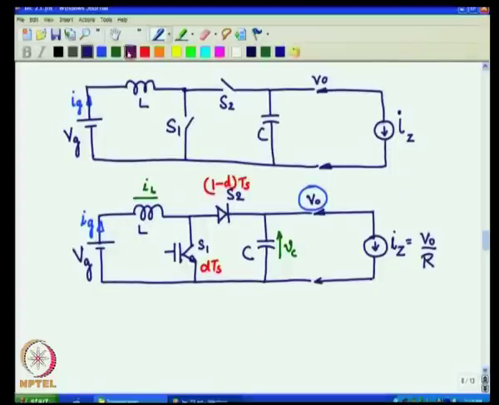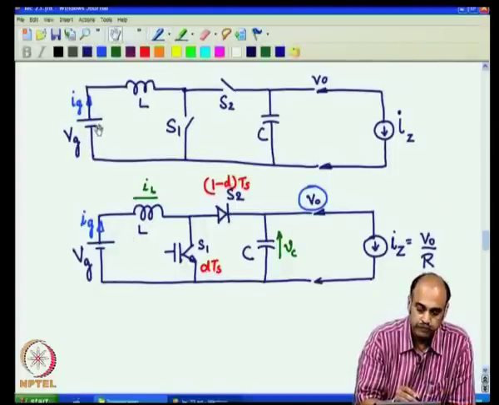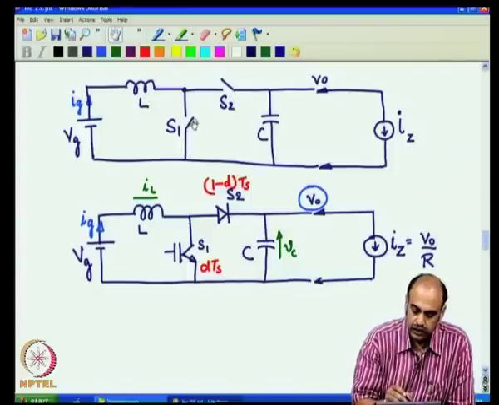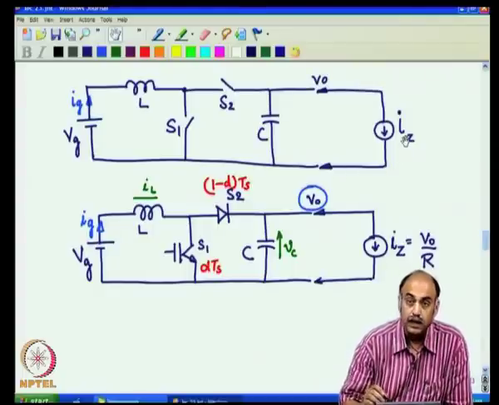we discussed on the boost converter state space method of obtaining the circuit averaged model. This is the boost converter which we discussed. It contains the input source VG, input current IG, L, two switches S1 and S2, C, and a load current IZ.